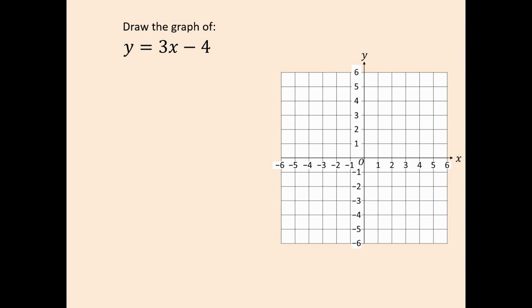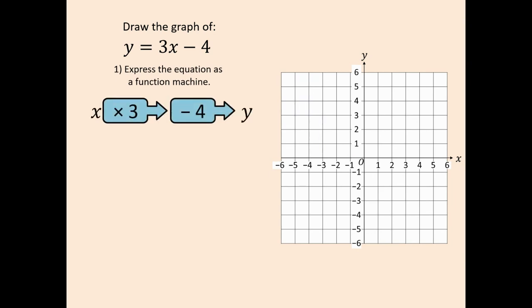This one now is a little bit more tricky. Y is equal to 3x minus 4. Okay, what does it mean? So first of all, as a function machine, the reason we're using a function machine is just so that you don't need to do this step here, but it's just to show you what's going on. So 3x minus 4 is equal to y, basically. To work out what your y is, if you have your x value, you're going to times it by 3 first, because 3x means 3 times x, right?